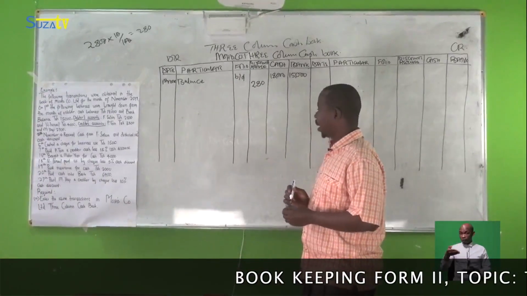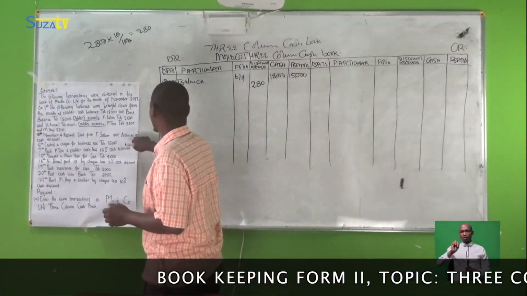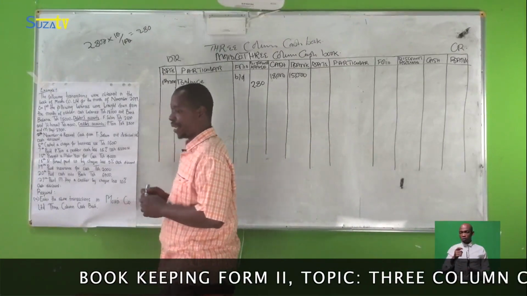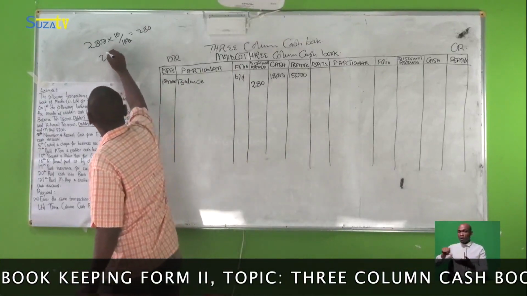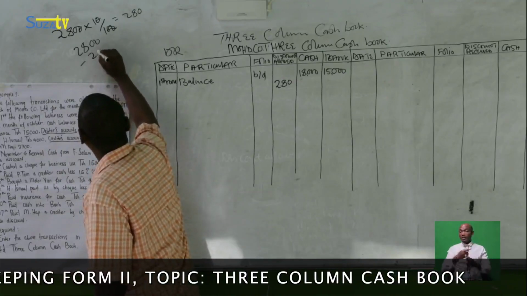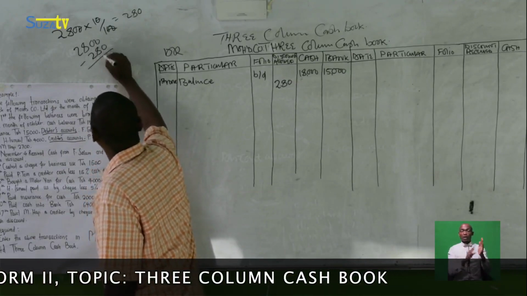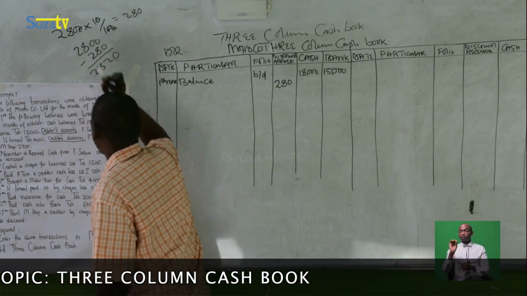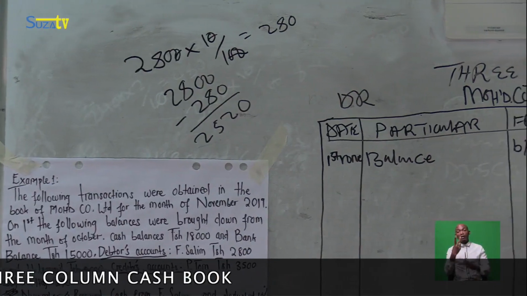If we give F. Salom a discount of 10%, how much will he pay? Just take 2,800, deduct 280. You got 2,520.